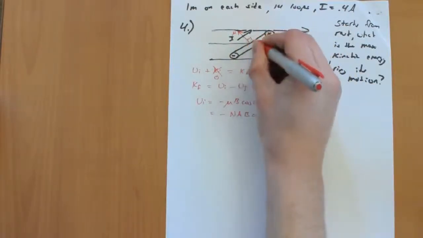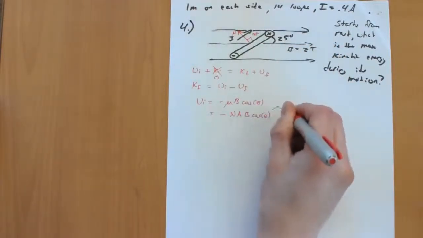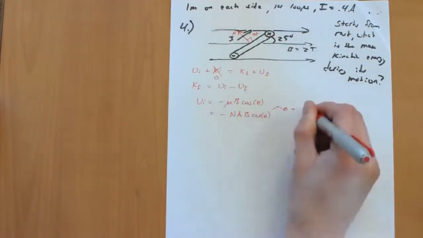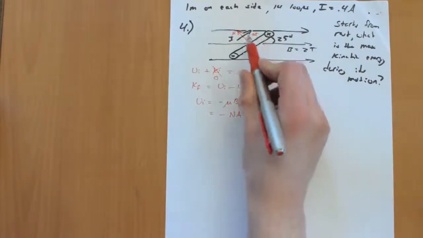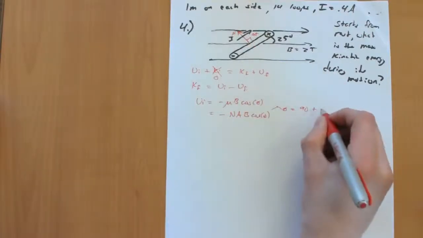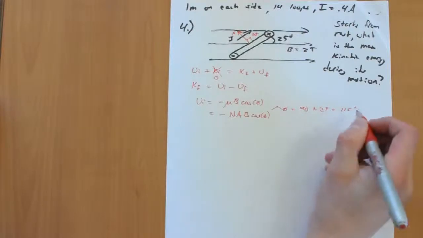And so this angle is going to equal the angle that it's displaced plus the angle that it makes with its dipole moment. So it's going to be 90 plus 25 equals 115 degrees.